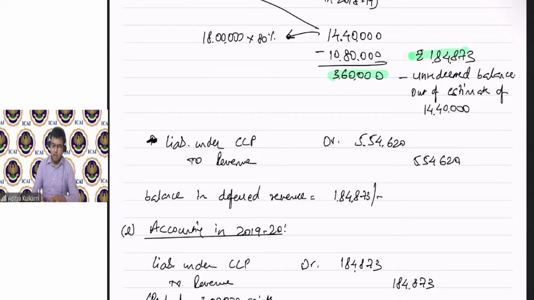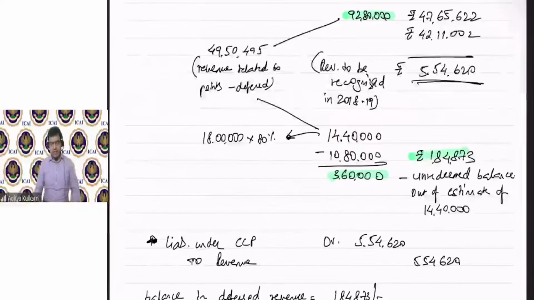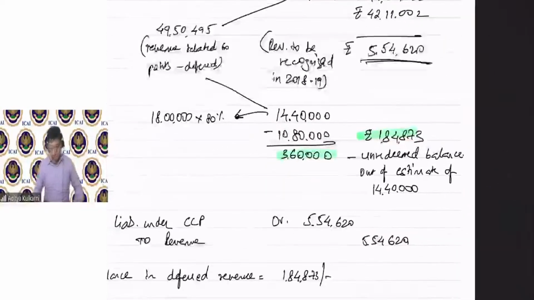Good morning. So today we are going to start with the third step of revenue recognition, that is transaction price. Now, we have seen the first two steps. The first step dealt with identifying the contract. The second step dealt with identifying my performance obligation.